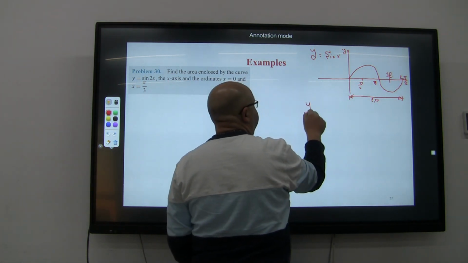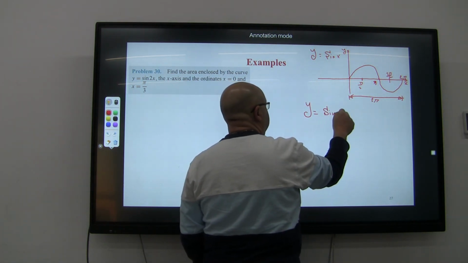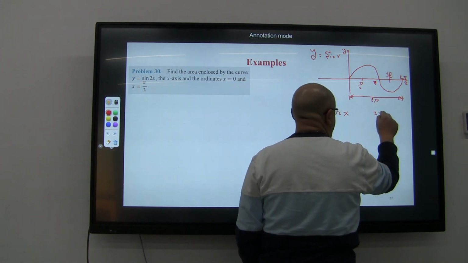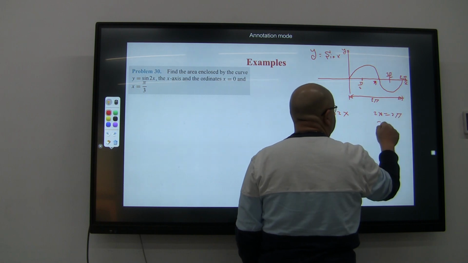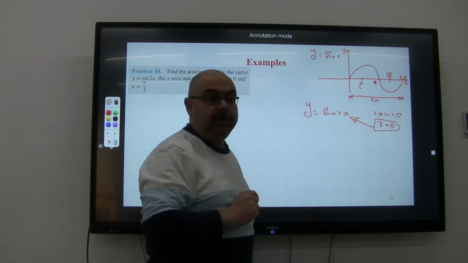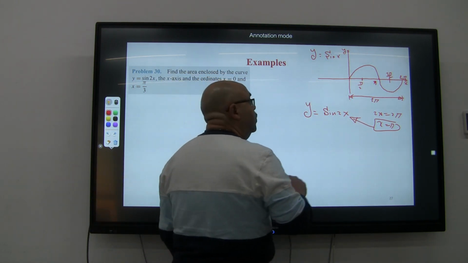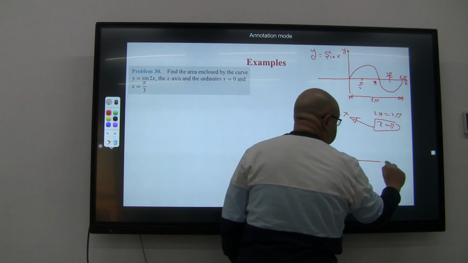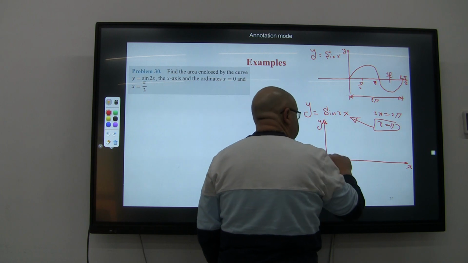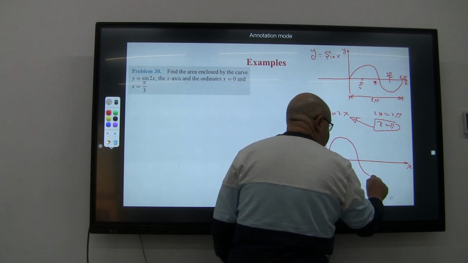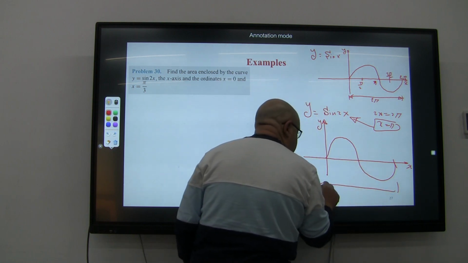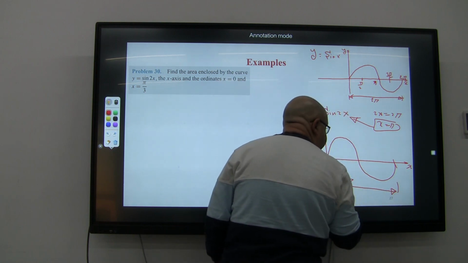Remark, if I want to graph y equals sine 2x, that means for the whole period, 2x will equal 2 pi, that's x will equal pi in order to get a full period for this function. It means that your function is going to be, this is the x-axis, that's the y-axis, so the sine function will be exactly the same, but the whole period is not going to be 2 pi, it's going to be simply pi.